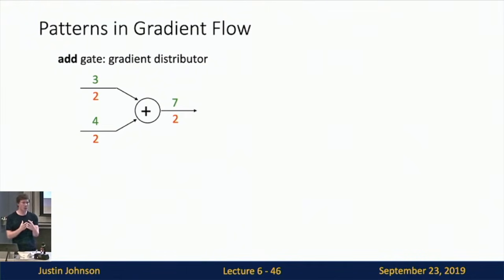So the local gradients of both of the inputs are 1. That means the downstream gradients for both of the inputs are equal to the upstream gradient. And this generalizes to a sum with an arbitrary number of terms. What this means is that when you have a sum node, during the backward pass that sum node is going to distribute and copy the gradients from the upstream into the downstream, which is a nice intuition about what's happening when you have addition inside of your model.